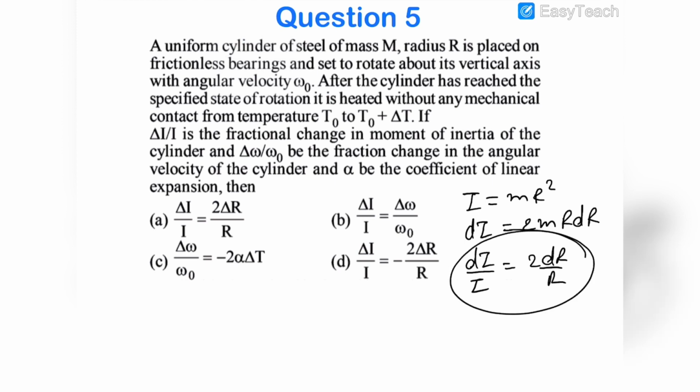So we can say that one of the correct options is A. And the second thing is the fact that omega is the angular velocity. Now we know that moment of inertia I into omega is angular momentum, and if we heat up this body, then obviously angular momentum will remain unchanged.